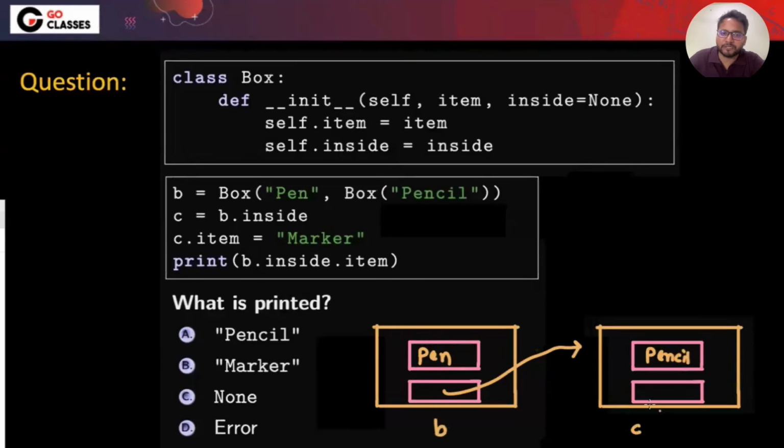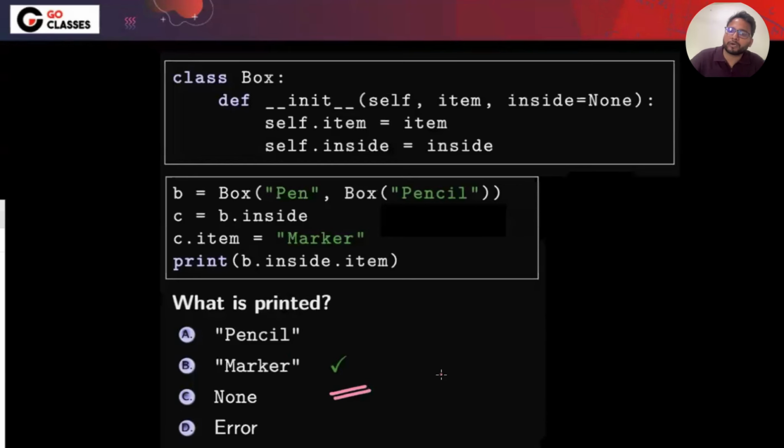Now c dot item, they have changed from pencil to marker. Have they changed this reference? No, b dot inside has not got changed, right? Now they're using b dot inside. b dot inside dot item is what? Marker, right? So B should be the answer.